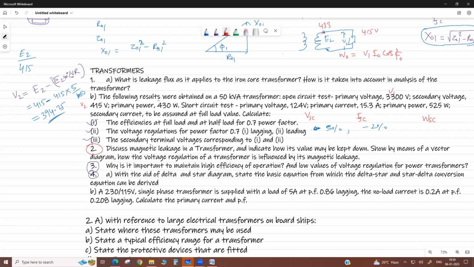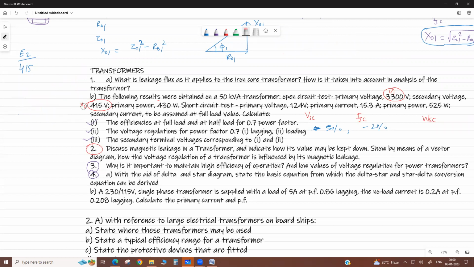When we calculate the terminal voltage, we assume this voltage as the induced voltage. Then there is a percentage drop. Voltage regulation is actually the percentage voltage drop. Got it? So when you get the value of percentage voltage regulation, you calculate the terminal voltage by subtracting the percentage drop. Very simple.